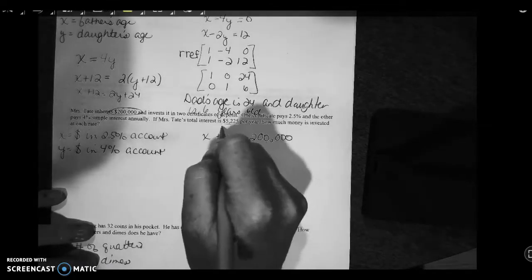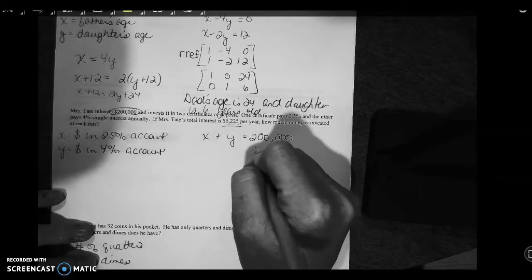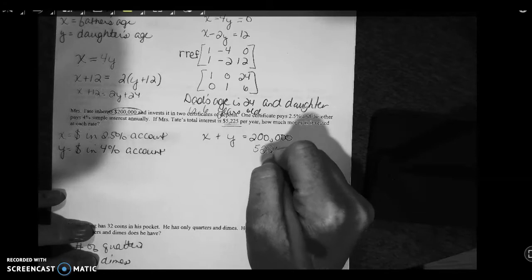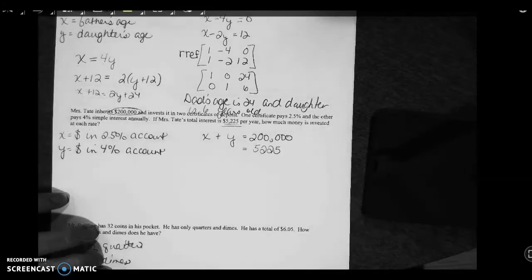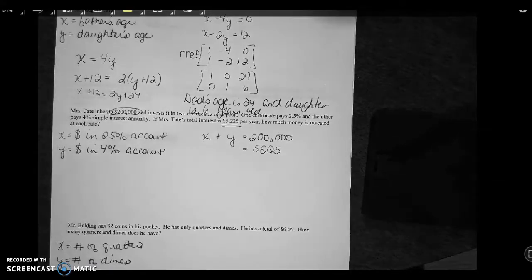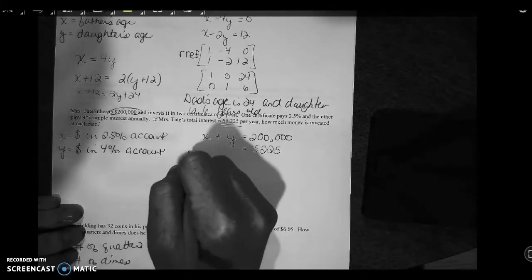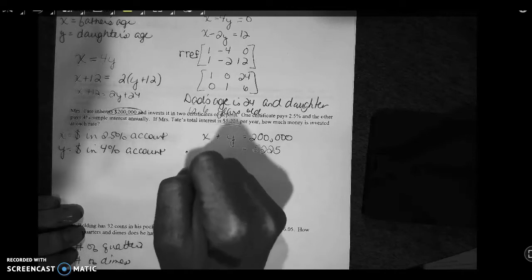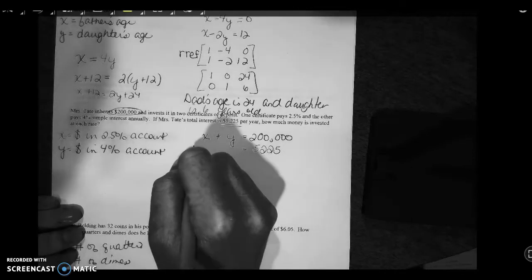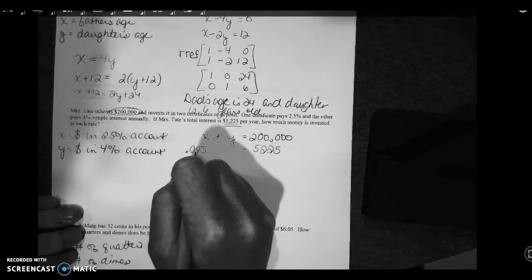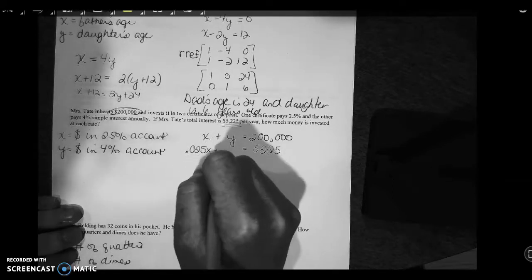I know another total. It says that per year, I'm getting $5,225 of interest. Now, where does that interest come from? Account X earns 2.5% interest. So to find the amount of interest earned off that account, I'll take 0.025 and multiply it by x.